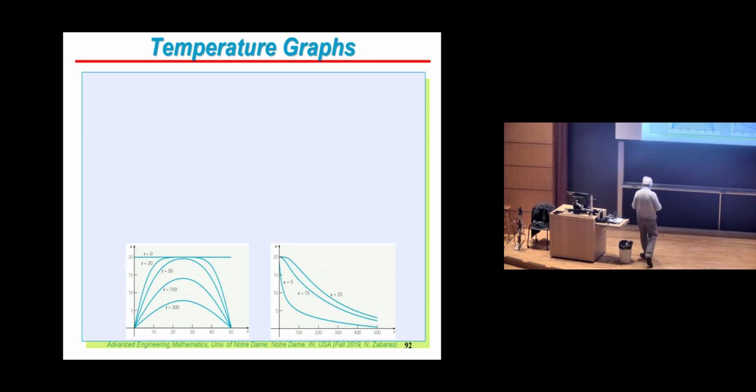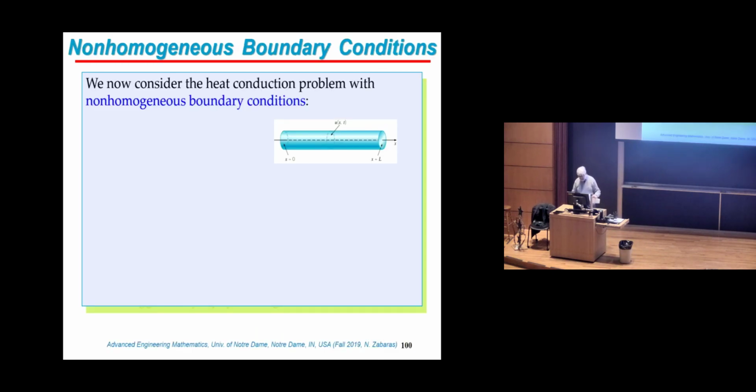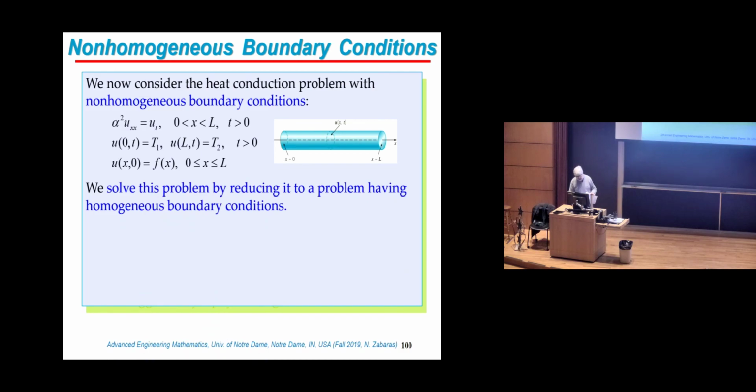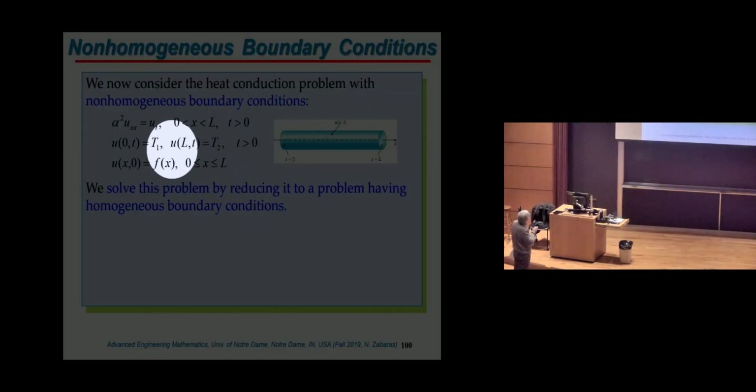All right, so what I'm going to do is jump now to slide 100. Before we had homogeneous boundary conditions, so the temperature at the end of the bar was 0. So now I want to change the temperature to be T1 and T2.